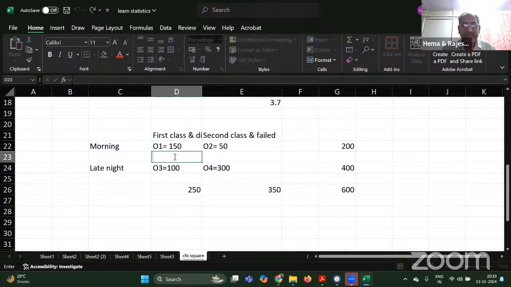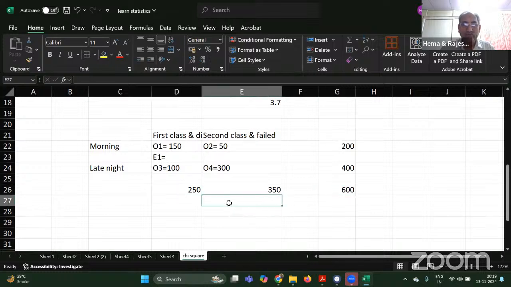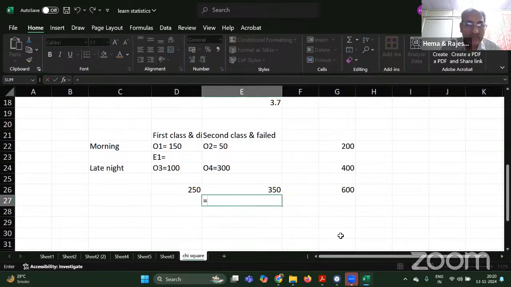Expected value is equal to the multiplication of these two divided by this. So it will be 200 into 250 divided by 600.